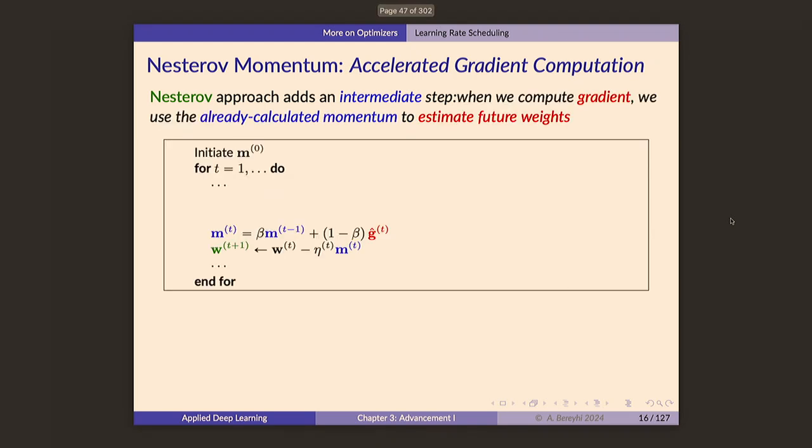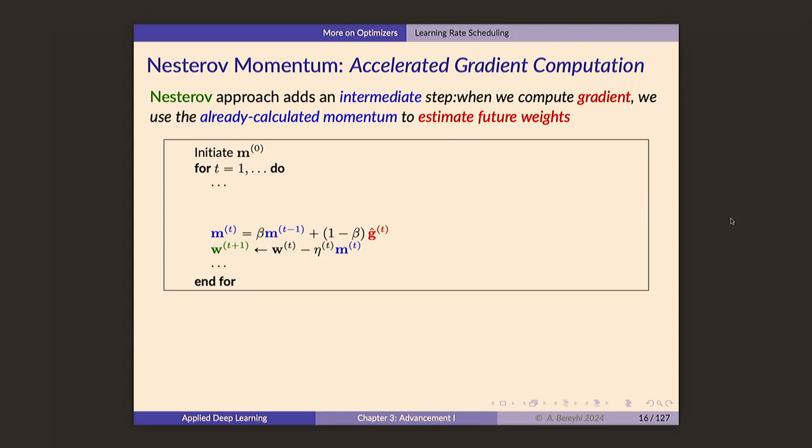So what does it do? This thing that you see here is basically the momentum approach, right? So stochastic gradient descent with momentum. You agree? I am just going over different iterations. In each iteration, I'm going to compute momentum. And then instead of moving in the direction of the gradient, I'm moving in the direction of momentum, right?